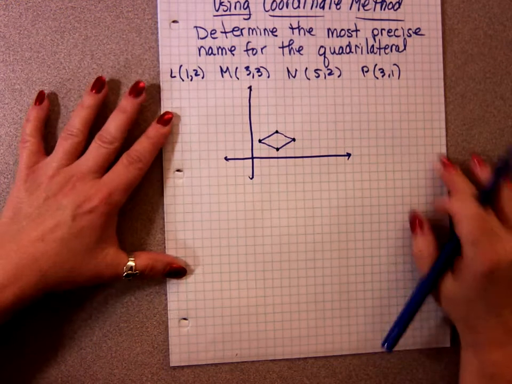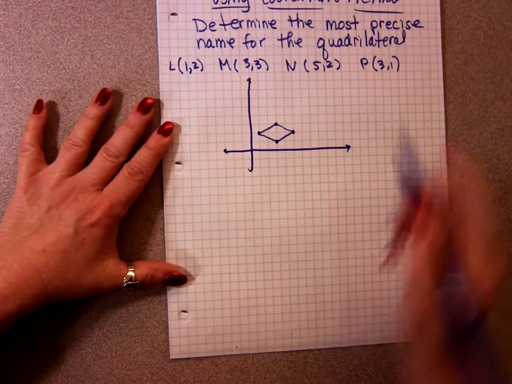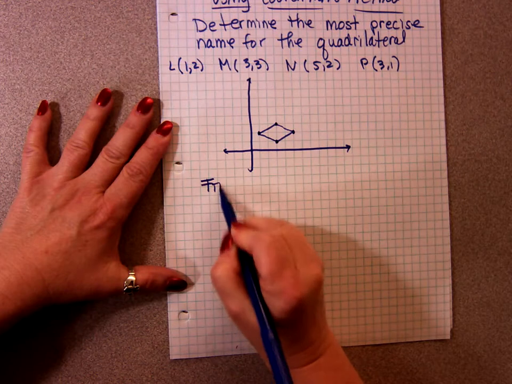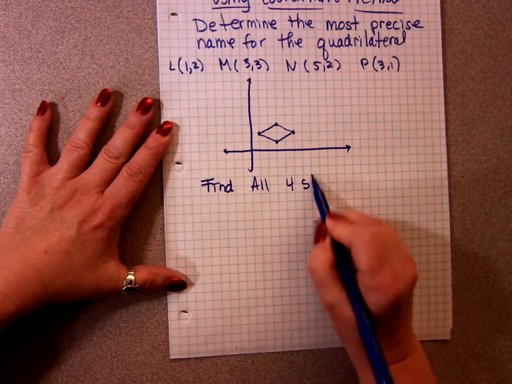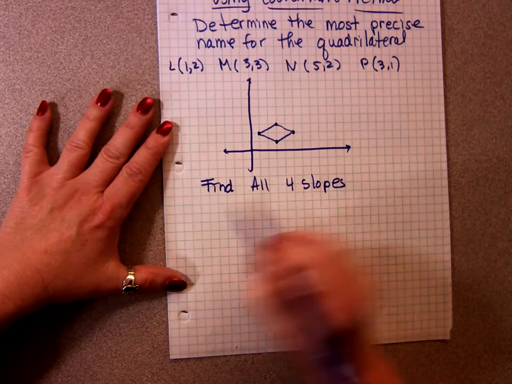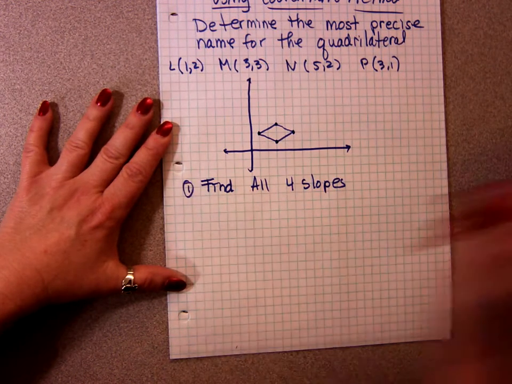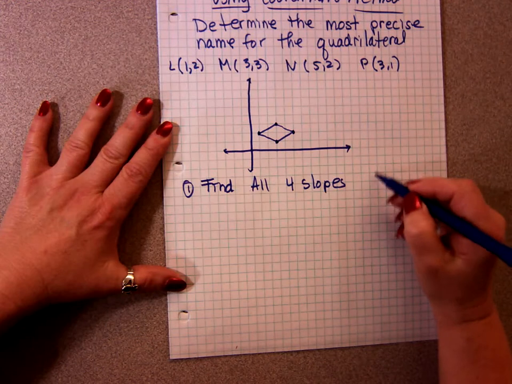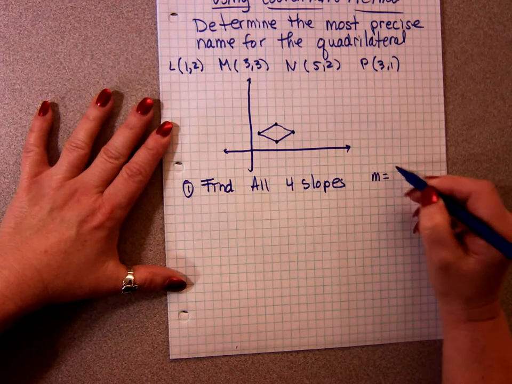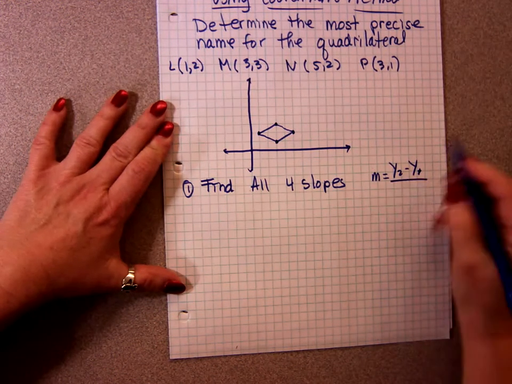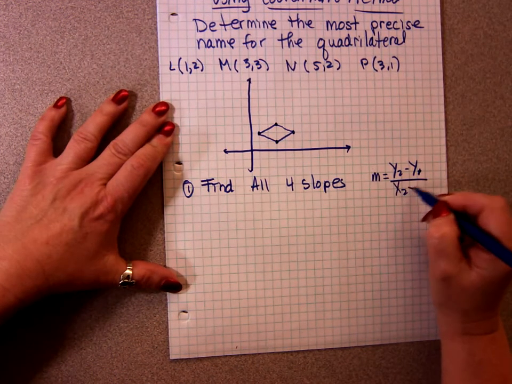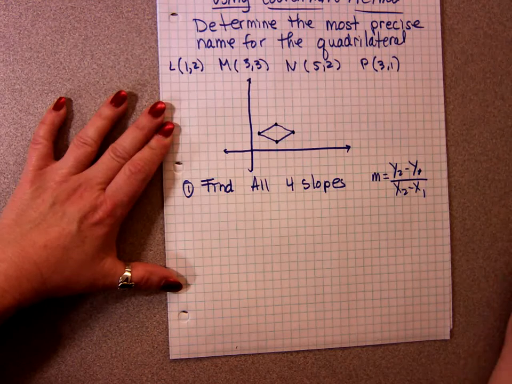First thing I'm going to do is try to find all 4 slopes. If you remember, the formula for finding the slope is y2 minus y1 over x2 minus x1.